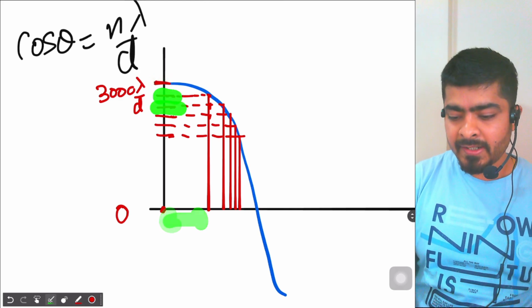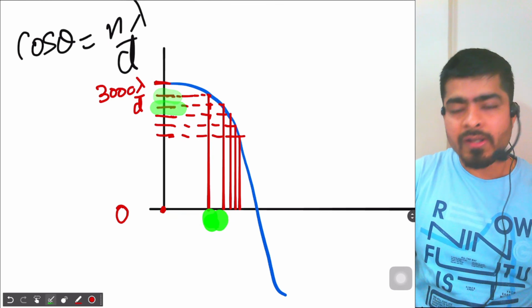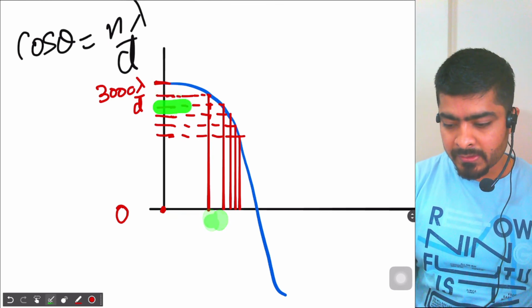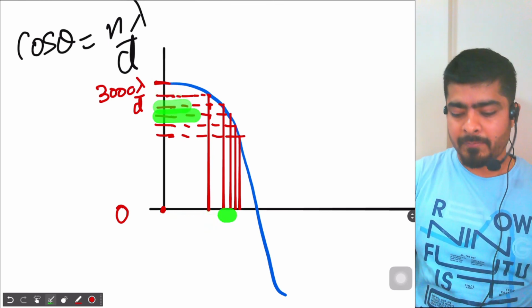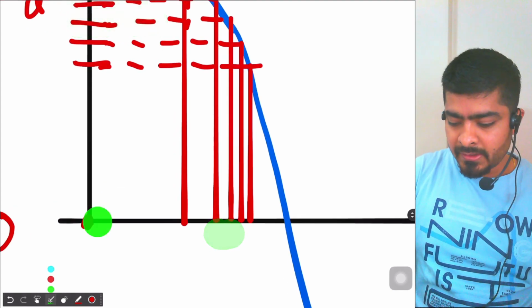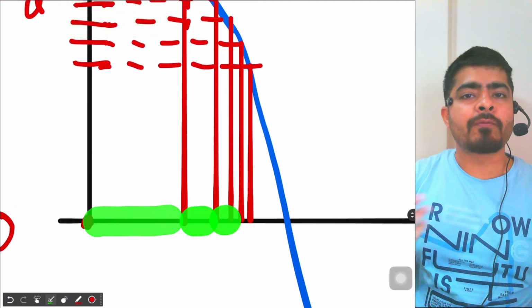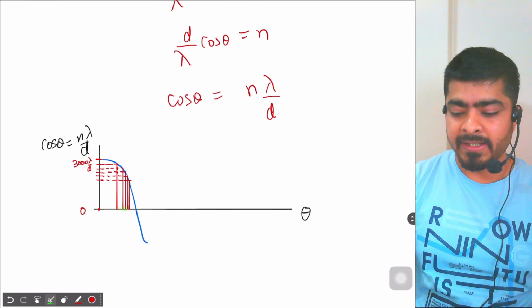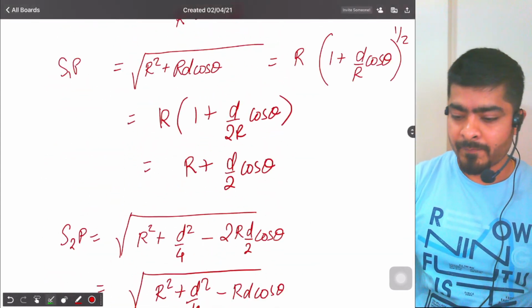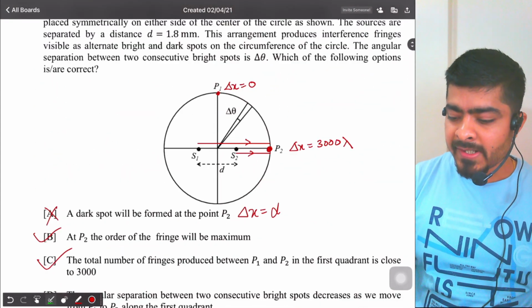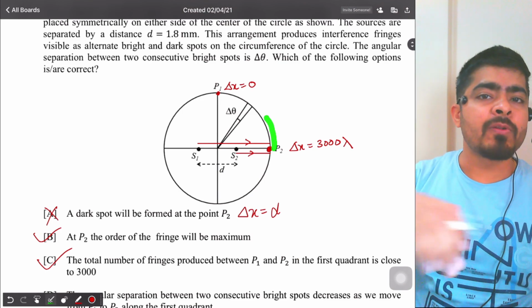Between the second and third bright fringe there's a small gap in terms of theta. Between the third and fourth bright fringe there's an even smaller gap. So you see the gap between two consecutive bright fringes is decreasing in terms of theta as you start from 0. As I go up the gap will decrease.